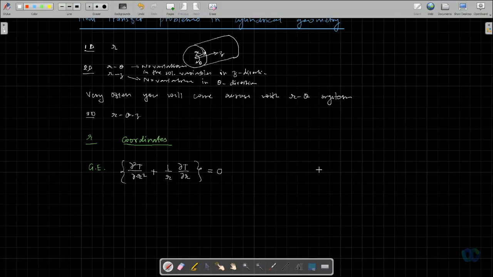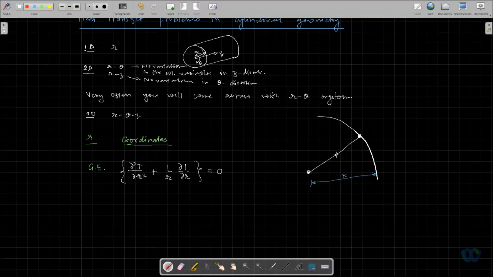Suppose you have this central node and some variation in R, and this is your R direction. Here you will have a 1D problem in the radial direction.